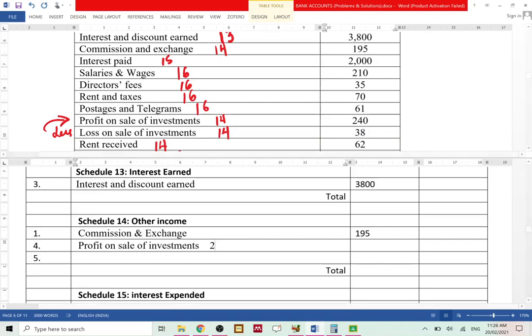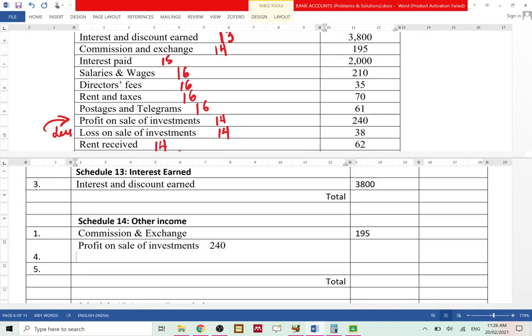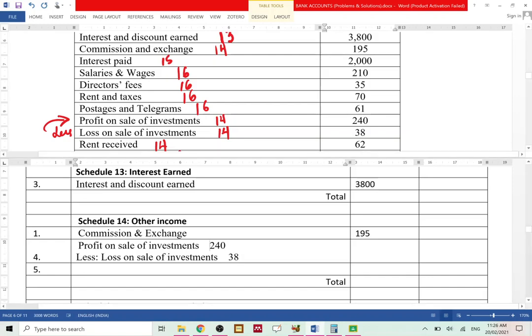Amount is 240 and if you minus the loss on sale of investments, the amount is 38. So if you deduct these two, what you'll get outside in the outer column is 202, right? So 202 is the net profit on the sale of investments.